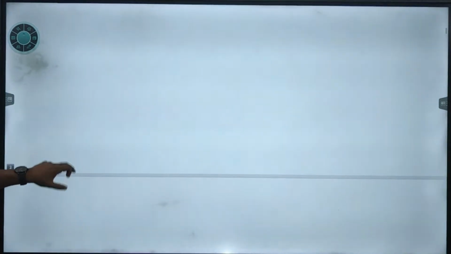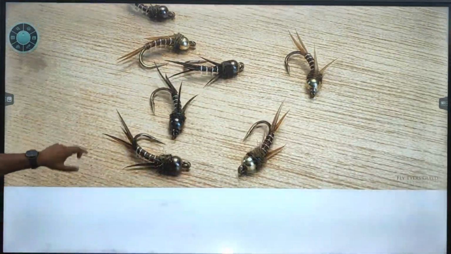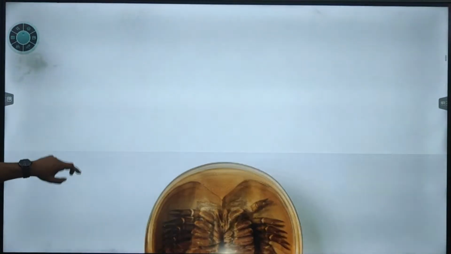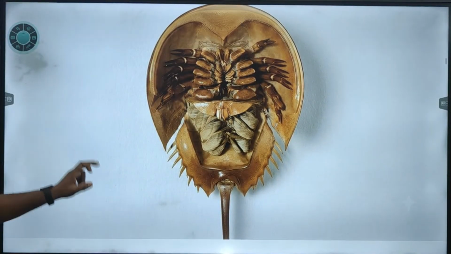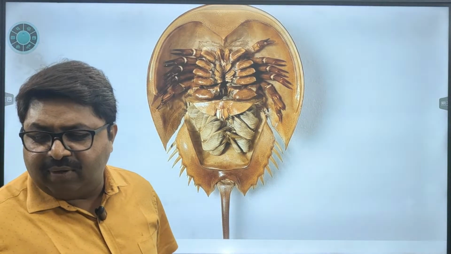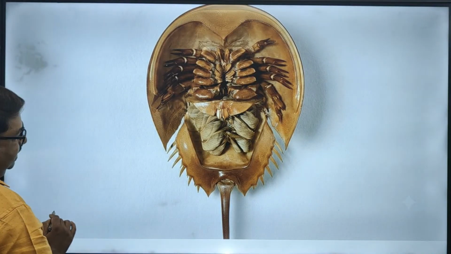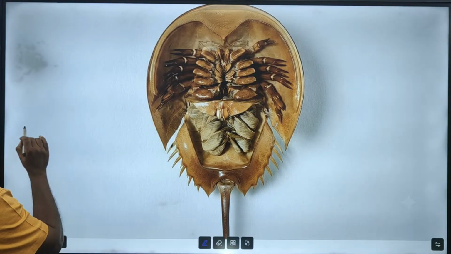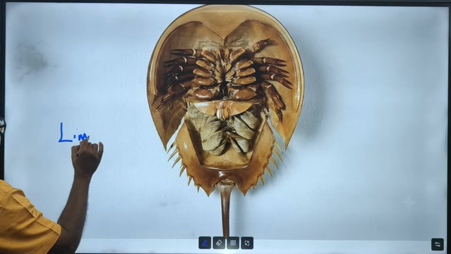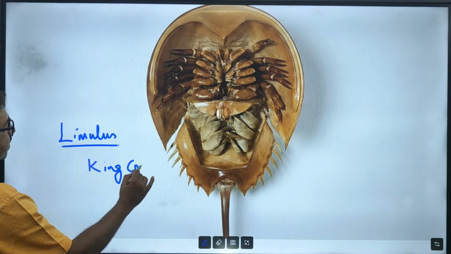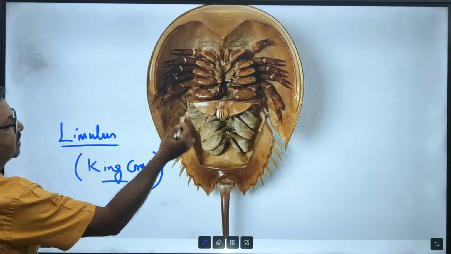Fine. Okay. Chalo. This is stone fly. What is this? Limulus. What is limulus? Limulus is a king crab.